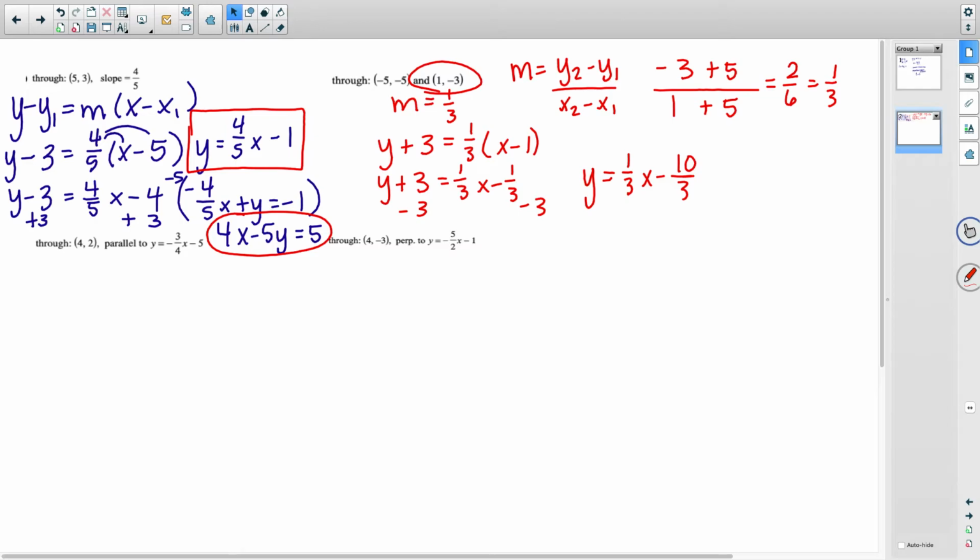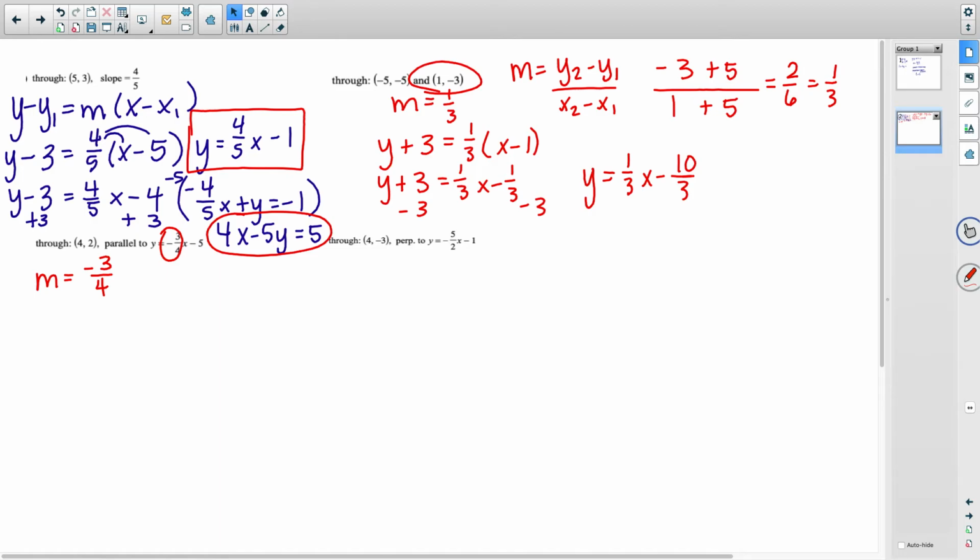All right, the second types that we have down here at the bottom. Now at the bottom, we're writing an equation that is parallel to something or perpendicular to something. Okay, so let's start off with parallel. So we know that parallel lines have the same slope. Well, this line has a slope of negative 3/4. So our parallel line is also going to have a slope of negative 3/4.